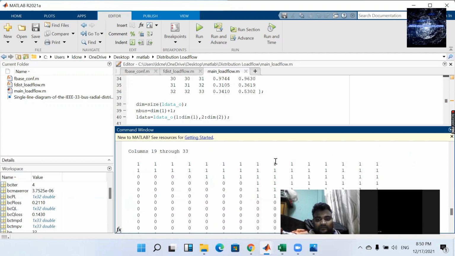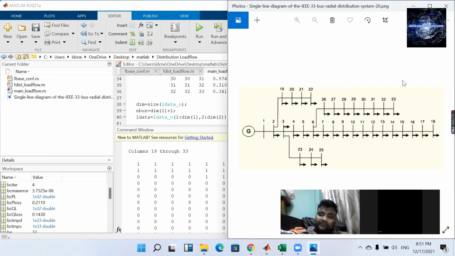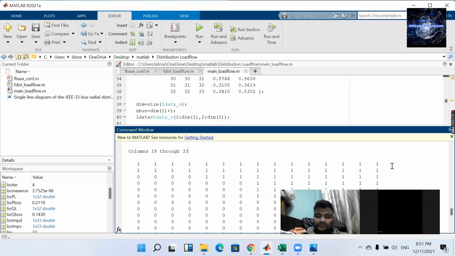That means, let's go to this figure. The load of every node is fed through bus number 1. The load of 1 also is fed from bus number 1, and for the loads of other nodes, the power must go through bus number 1. That's why all the elements of the first row are 1.